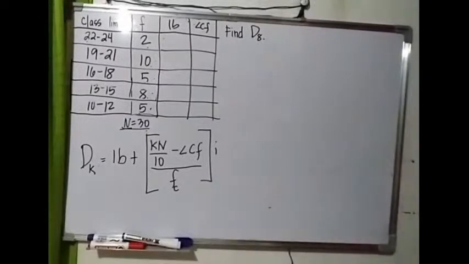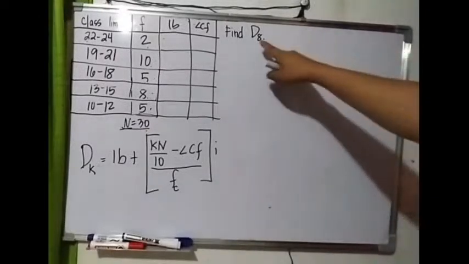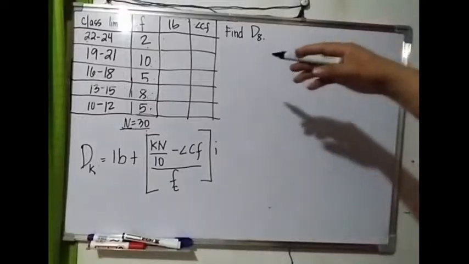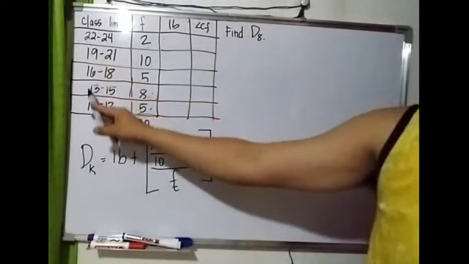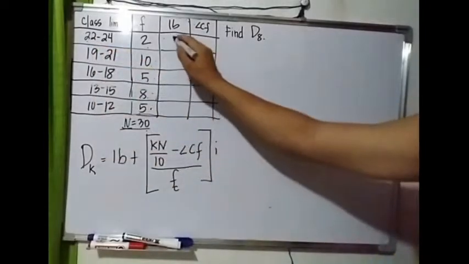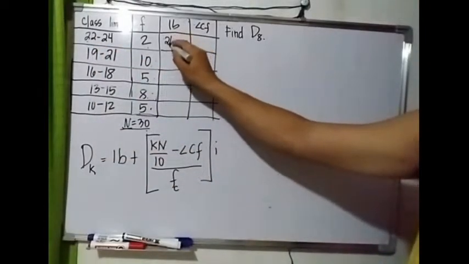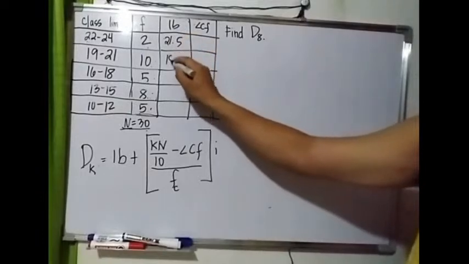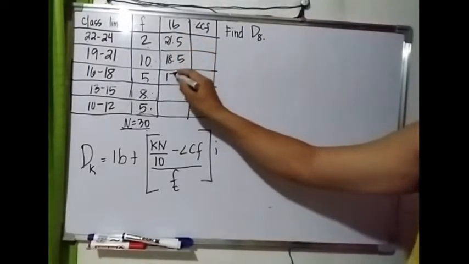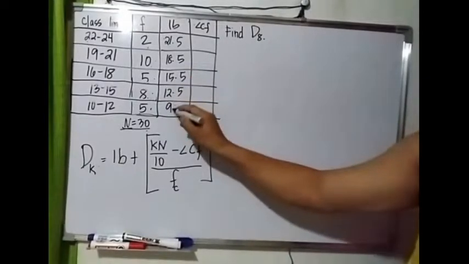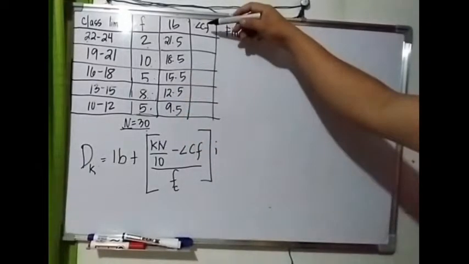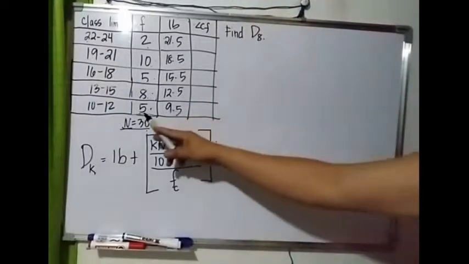Again, we will proceed to find the decile. So the same given data, so we will find the lower boundary, minusan lang na ito ng 0.5, so that is 21.5, 18.5, 15.5, and 12.5, and this one is 9.5. Cumulative frequency, unahin natin dito, pwede rin.